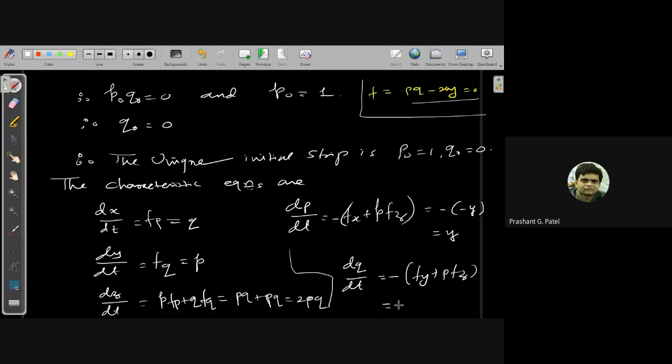So this gives minus of minus x, which gives x. So these are the five equations we got. We need to solve them. So just compare the equation with dp by dt.